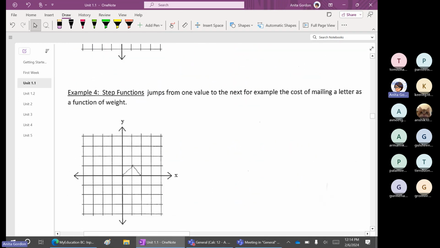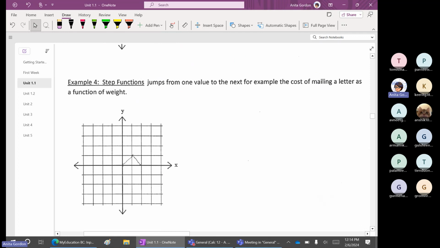This is going to be a step function, meaning that it jumps from line to line. Ignore the little triangle on the graph. I'm going to draw one with, again, my pink marker. So what if I have a function like this? I'm going to change this slightly into a word problem, but the idea is the same.